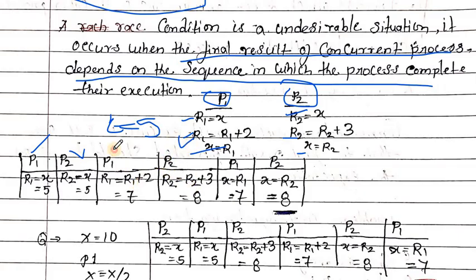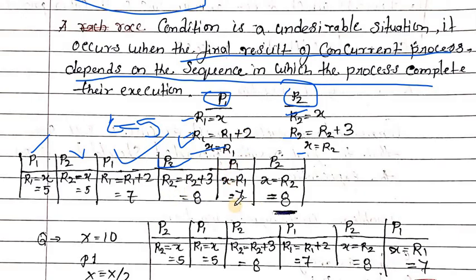Now again preemption happens. Now process P2 will execute, so the R2 value is 5 plus 3, which is 8. The R2 value is 8. Then again preemption happens, and process P1 executes X is equal to R1. R1 is 7 by the previous value for P1.